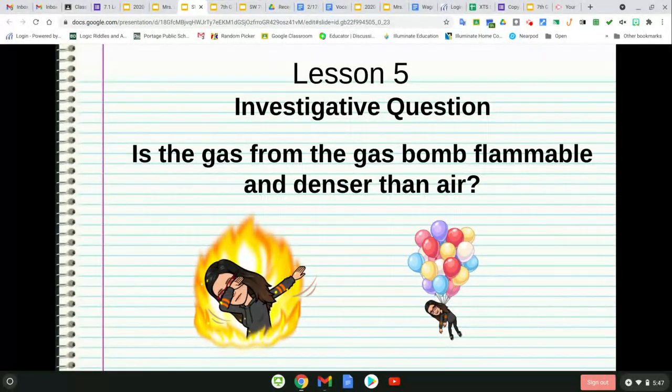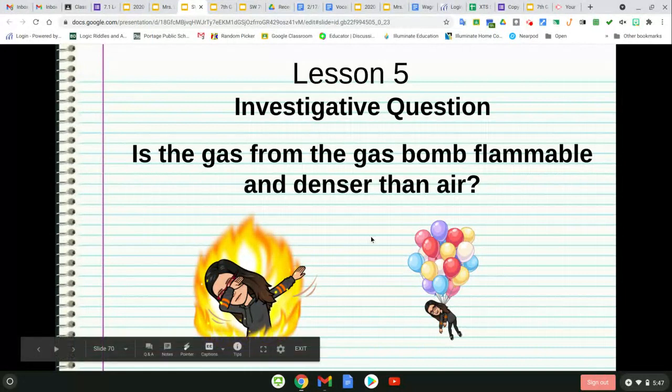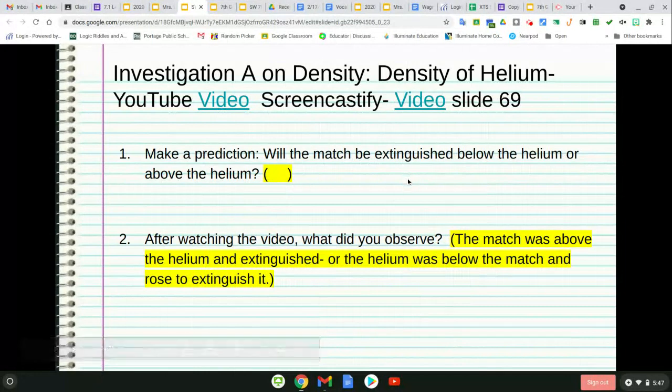So we looked at a few investigations to help us determine if our gas is flammable. Did it extinguish a flame or not? And is it denser than air or is it lighter than air? Remember, we're trying to figure out and identify what the actual gas is in the bath bomb. We know it came from the ingredients in the bath bomb in the water, but now we're trying to identify what the actual gas is.